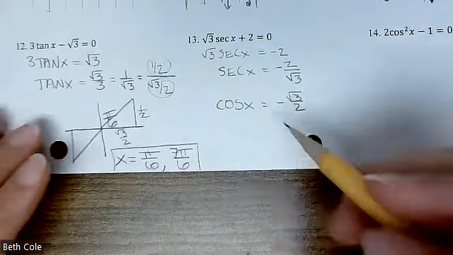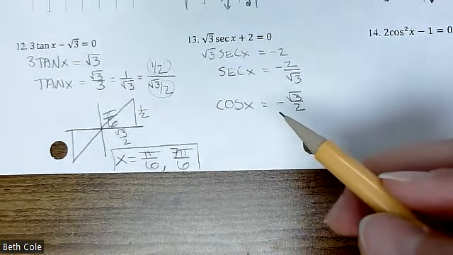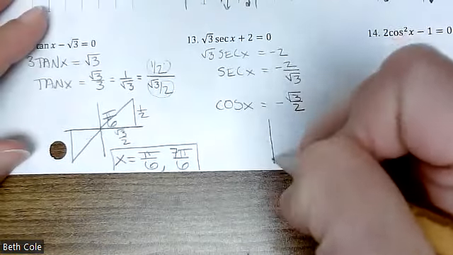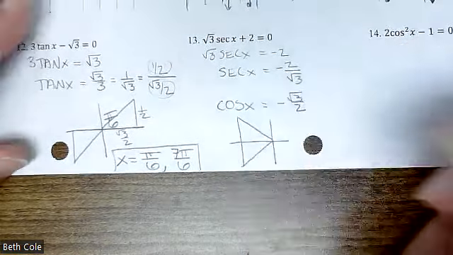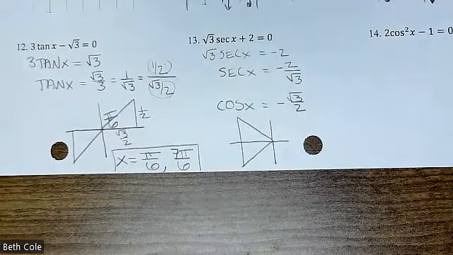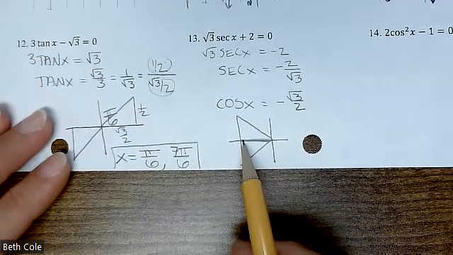Now we figure out our quadrants. Cosine is negative where? Well, cosine is x. So second quadrant and third quadrant. Perfect. Nice job. Just watch me point to this because I'm going to run out of space. It's too small. The negative square root of 3 over 2 should be labeled right here, but I don't have space to do it.